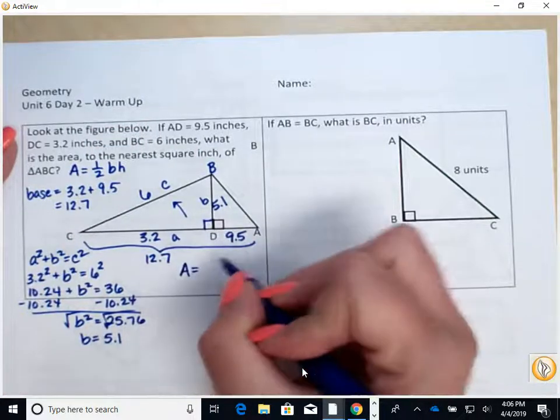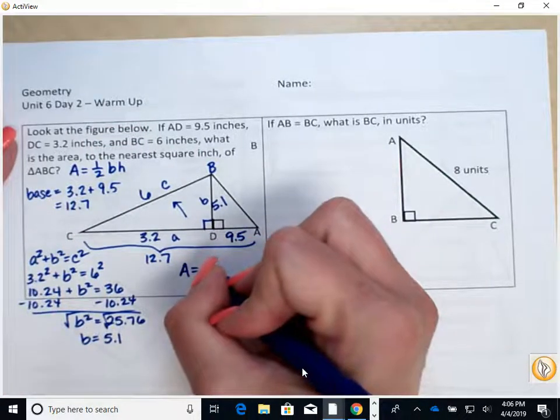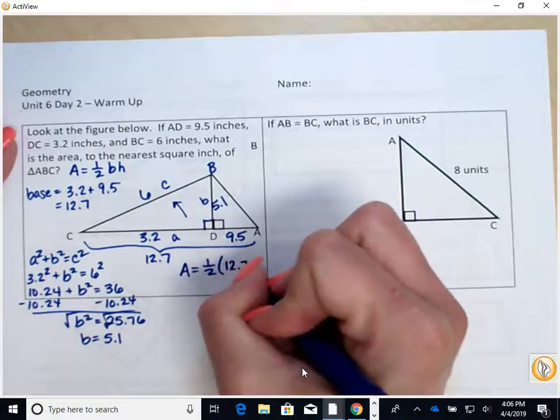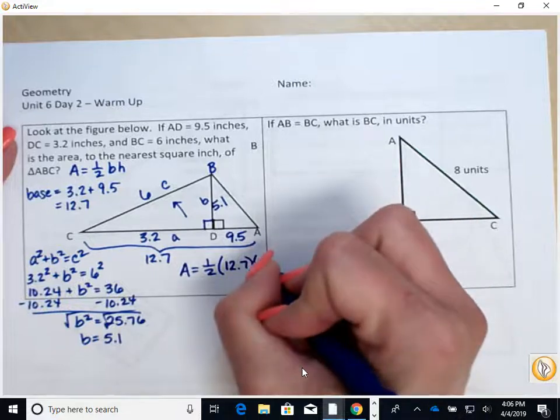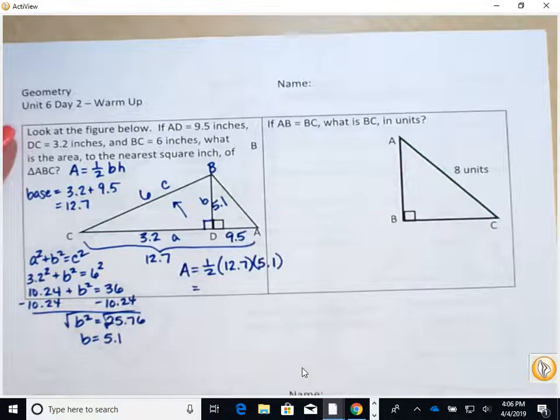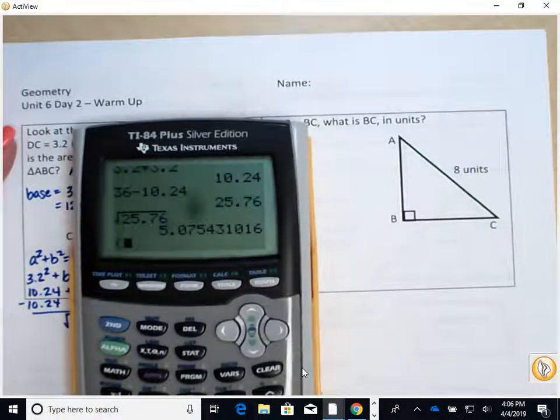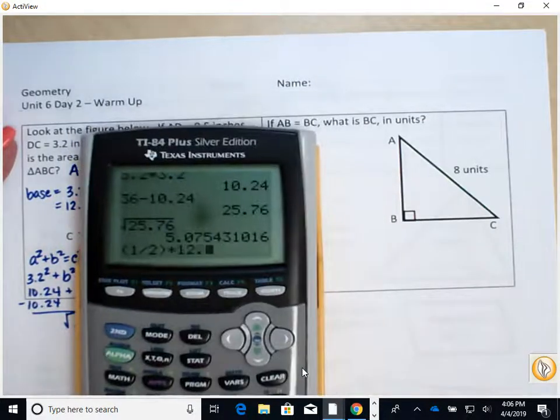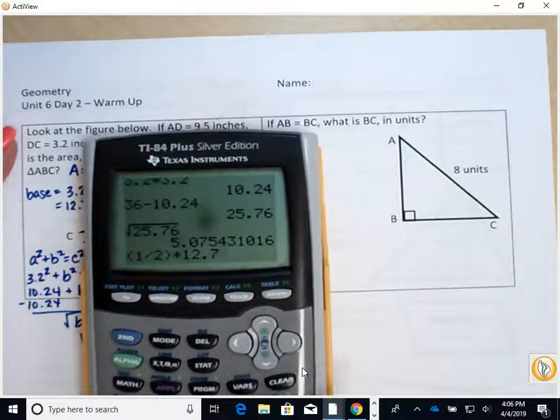So area equals 1/2 times the base, which we just found out was 12.7, times the height, which we just discovered was 5.1. So in my calculator, I can type it in parentheses 1 divided by 2 to get the 1/2, times 12.7 times 5.1.